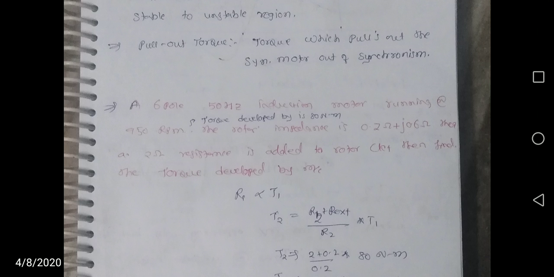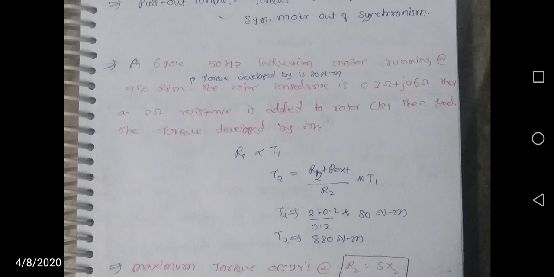The rotor impedance is 0.2 plus j0.6 ohms. Then a 2 ohm resistance is added. When the resistance is added, the torque will increase from 18.